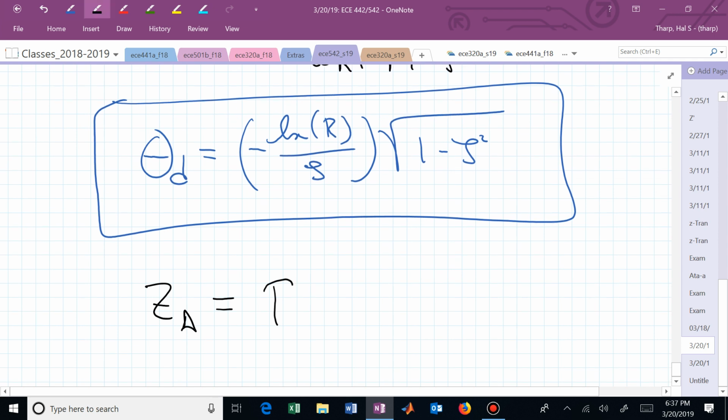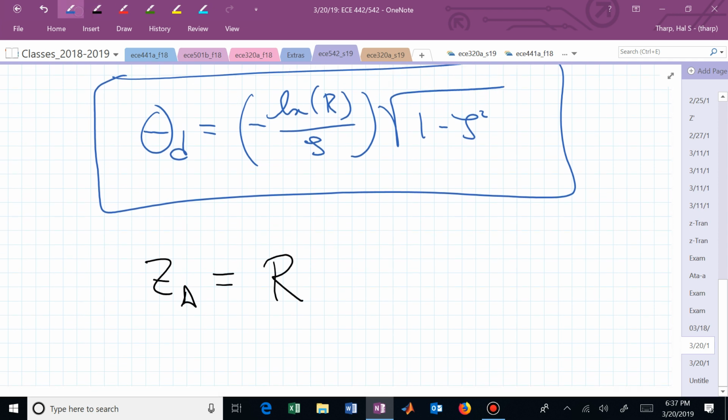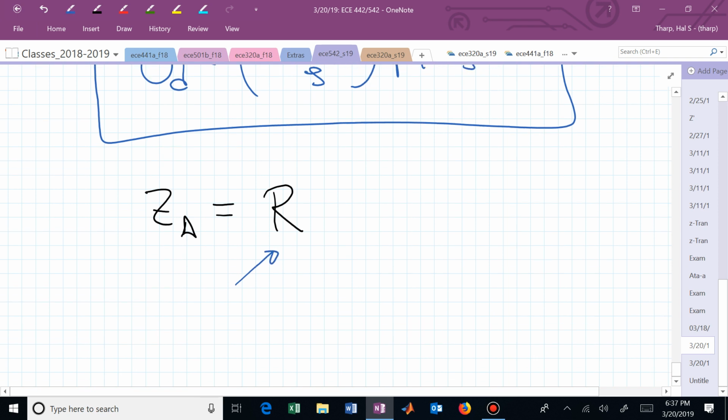Z sub d: we have r, that was given by, when do we see circles? What performance spec gives us circles? Settling time. So settling time gave us immediately, directly, r.